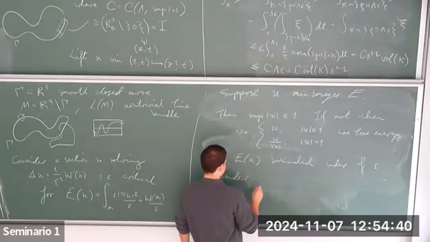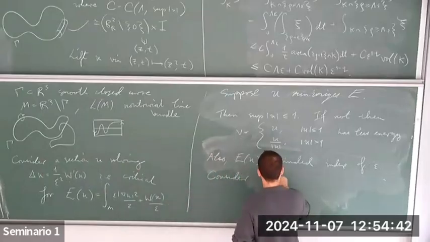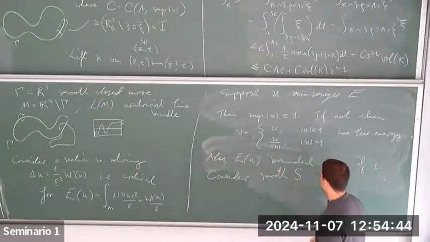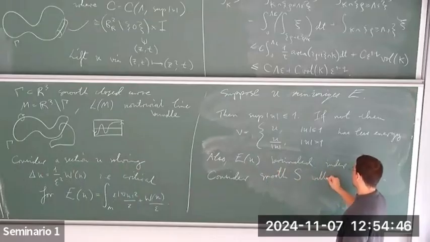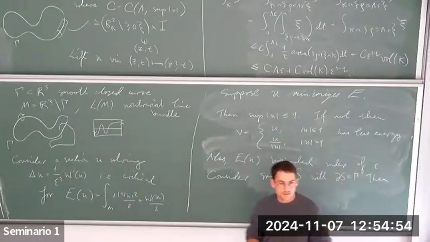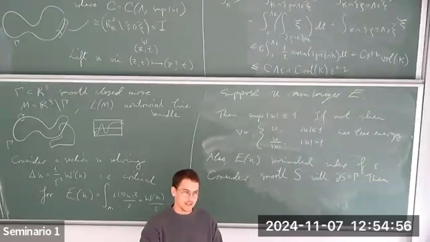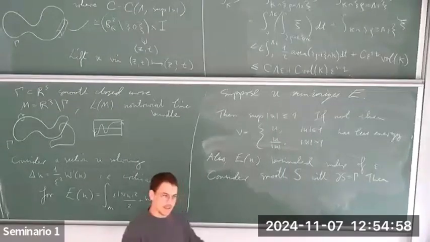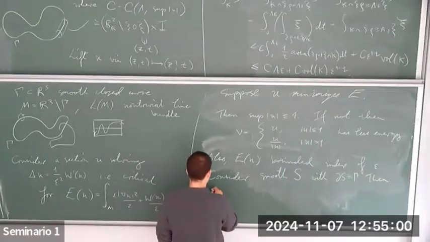So what we want to do here is consider some smooth surface S whose boundary is equal to gamma, and construct a section whose nodal set is accumulating around S in such a way that the energy is nicely controlled.